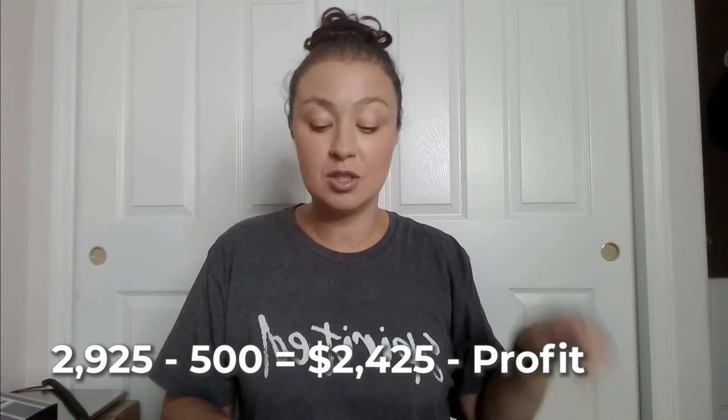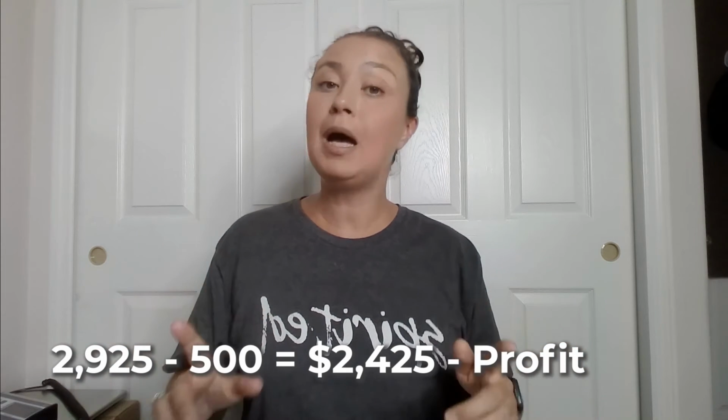Now we're at profit. Now we've taken out our COGS, we've taken out our overhead. So now we're left with $2,425. This is our profit, but it's not how much we pay ourselves because we need to save for taxes. So this is what I do, and this is not necessarily what you should do because everybody's tax situation is very different.